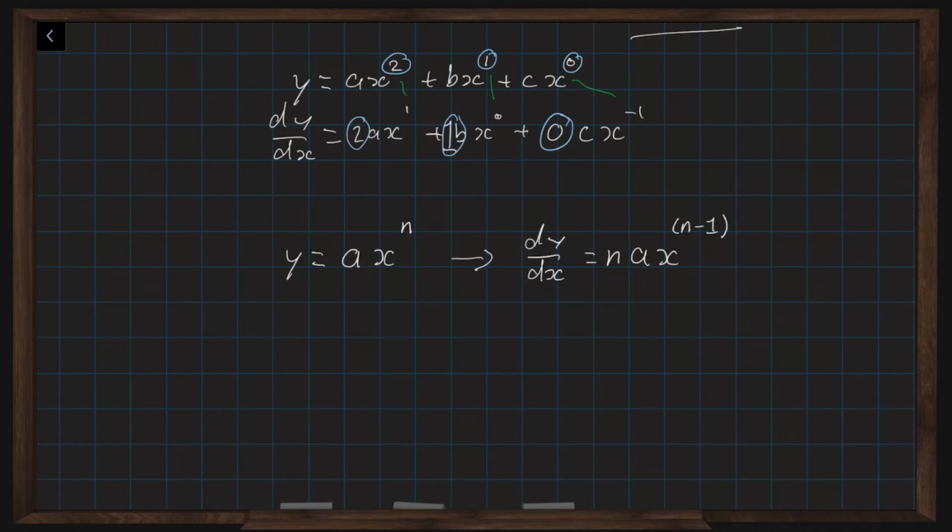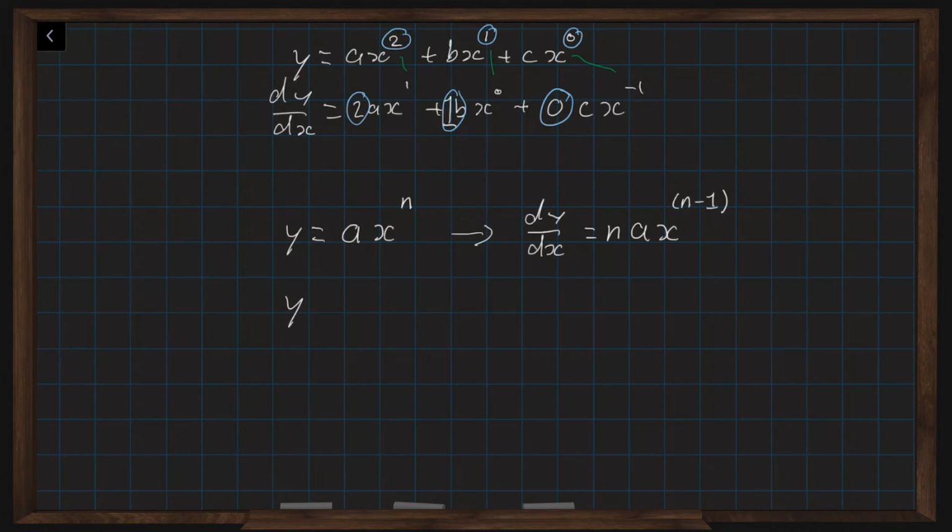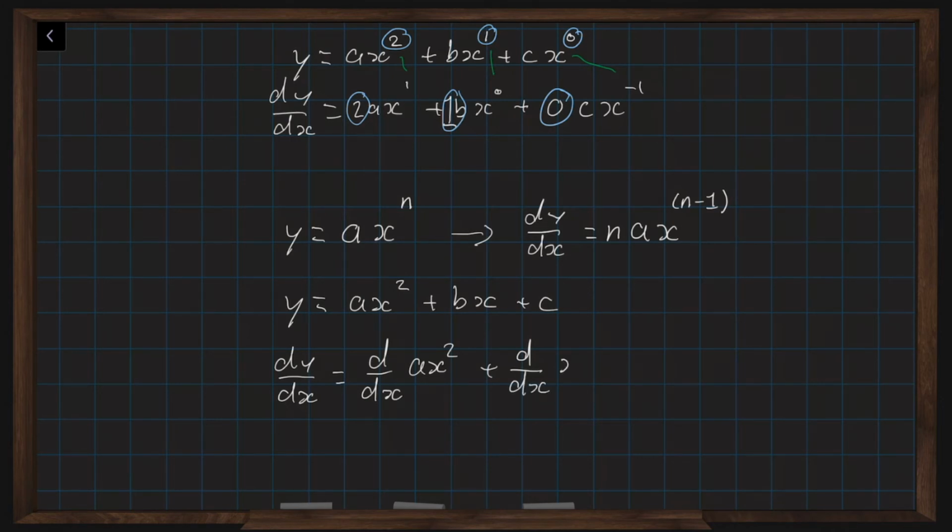And from that, I hope it is not too much of a leap to see that if we have y equals ax squared plus bx plus c, then the derivative dy by dx is equal to the derivative of ax squared plus the derivative with respect to x of bx plus the derivative of c with respect to x.